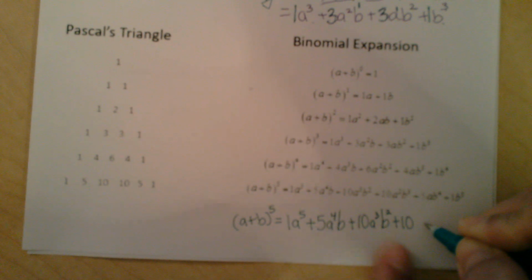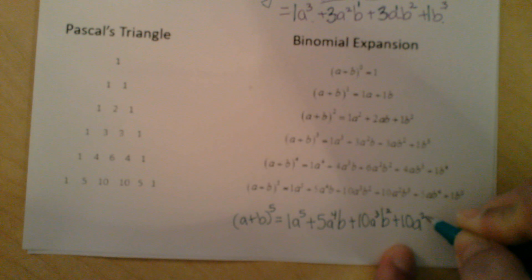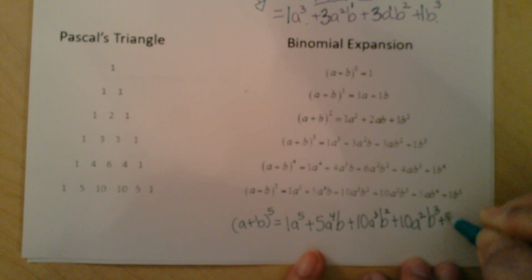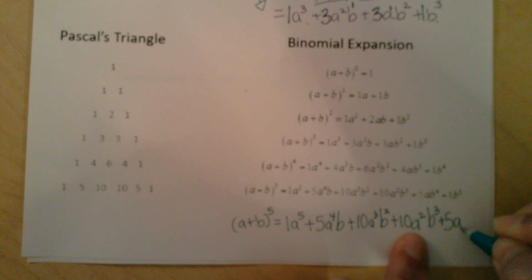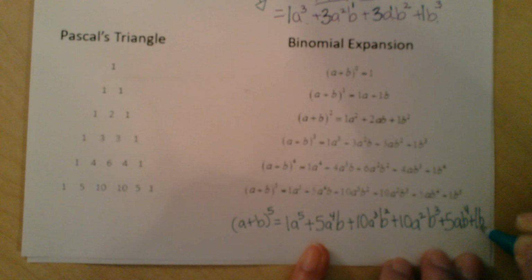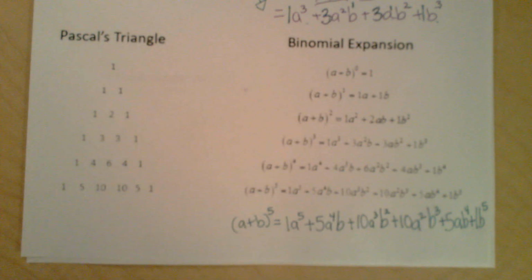What happens with our a? You got it, it goes a squared b to the 3rd, plus 5a b to the 4th, plus 1b to the 5th.